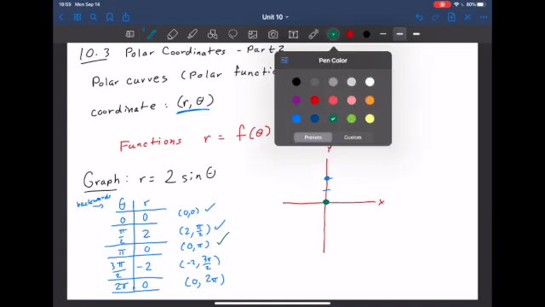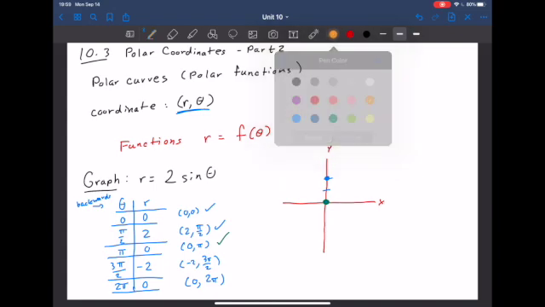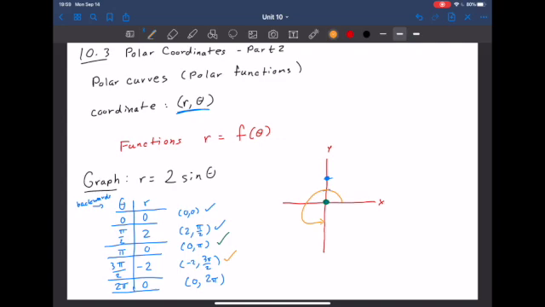All right, then we just keep going. What about negative 2, 3 pi over 2? So 3 pi over 2 should have been a rotation that got us to here, the negative y-axis. But then instead of going in the direction of 3 pi over 2, we're going to go backwards, which is 1, 2. So we're back here.